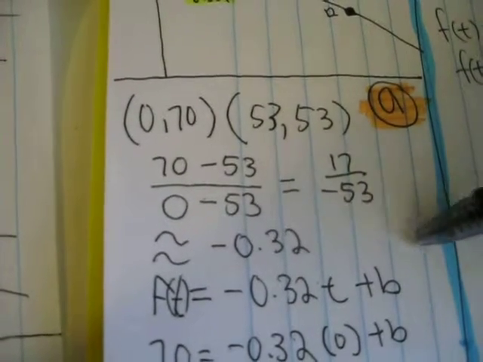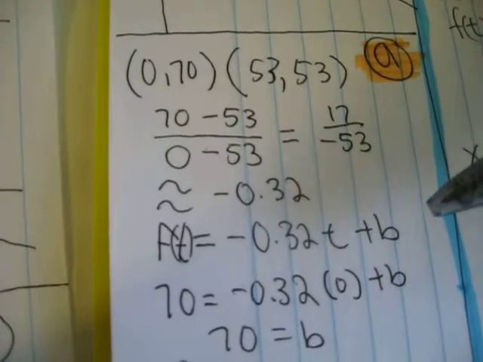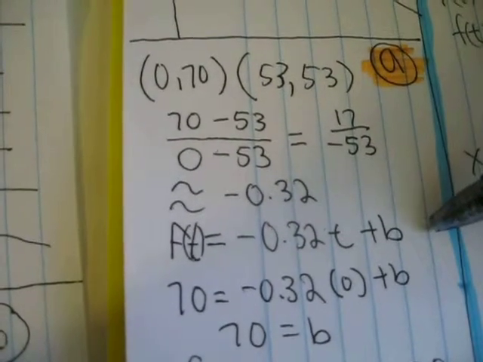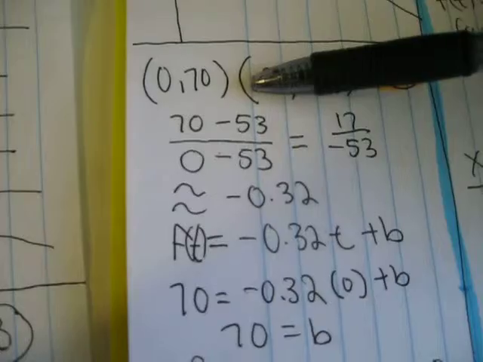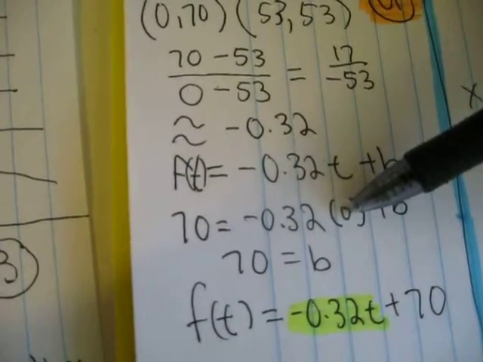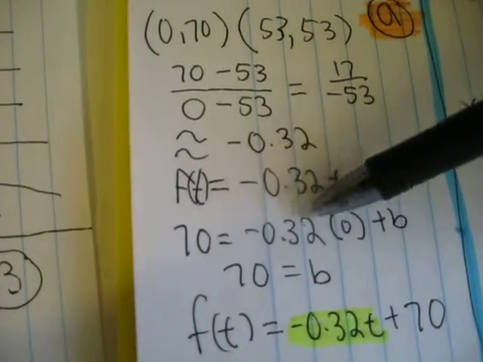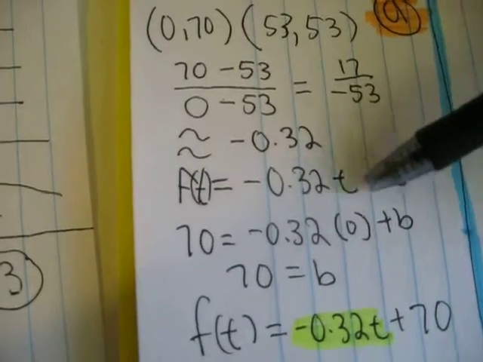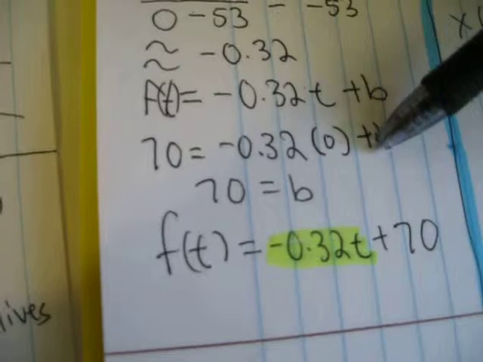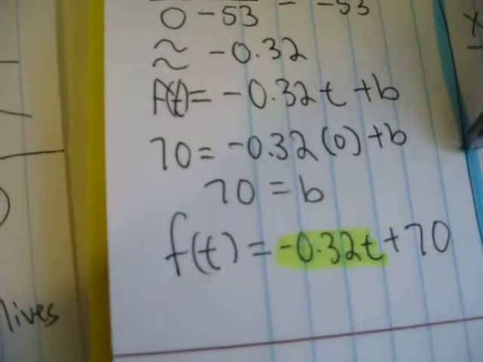So we plug it into our slope-intercept form, and then we plug in one of the points. So I plugged in 70 and 0, which will give us, solving for b, 70 equals b. So our equation is F(t) equals negative 0.32t plus 70.